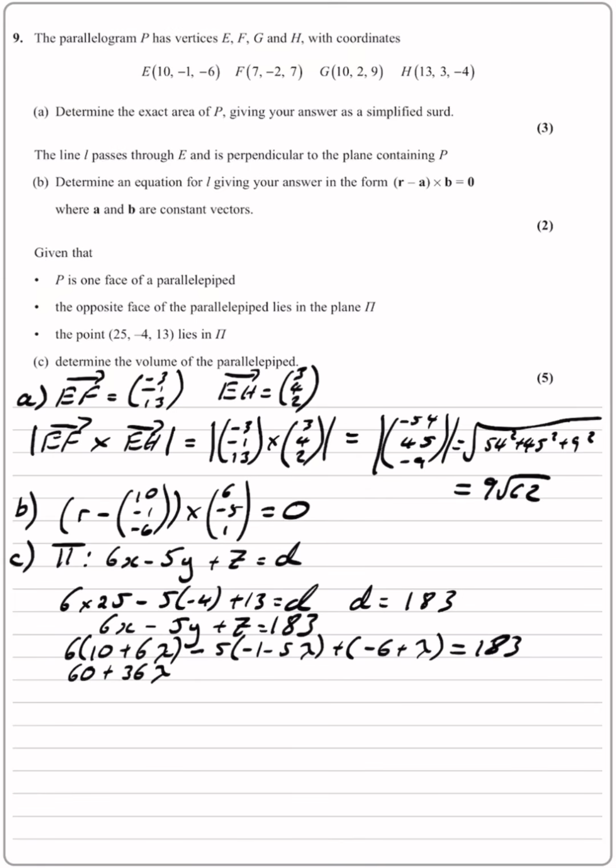Call that scalar multiple lambda. And then we can solve the equation to deduce that lambda must be equal to 2. So it's 2 lots of our vector 6, minus 5, 1 that takes us from our face P onto our face pi.